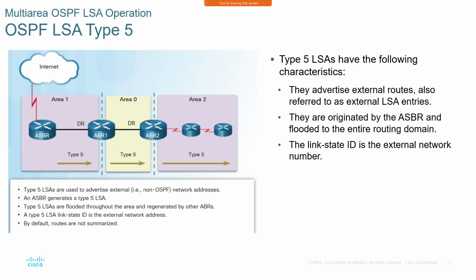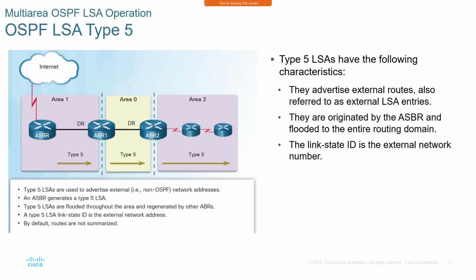So a quick review. Type 1, they are the network, the router LSAs. They are basically within the same area, talking about all the networks, all the links within a specific area. Type 2, associated with the network type. If it's a point-to-point, if it's a broadcast, associated to the type of the interface to actually find out if we require an election to happen, this is going to be type 2 LSAs.